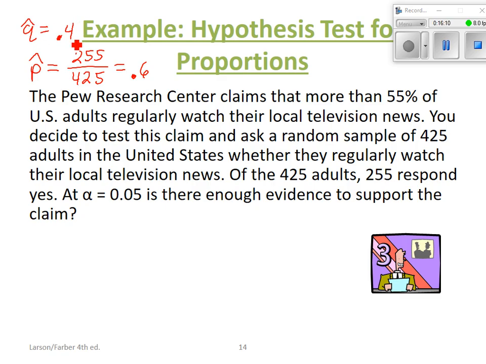Then we have to check to make sure that it fits the binomial setup. On the binomial setup, we just do n times p or n times q. I'm sorry, that shouldn't be p hat and q hat.